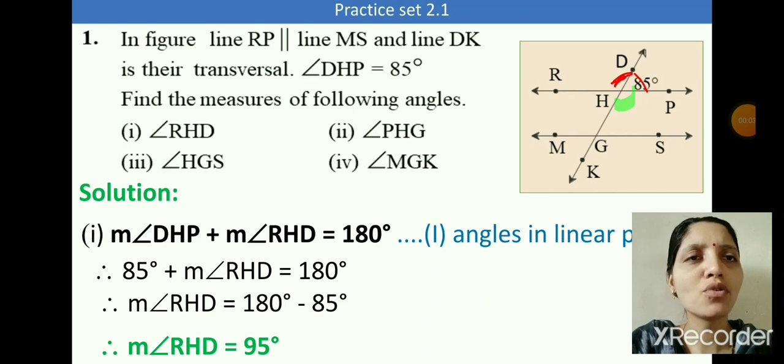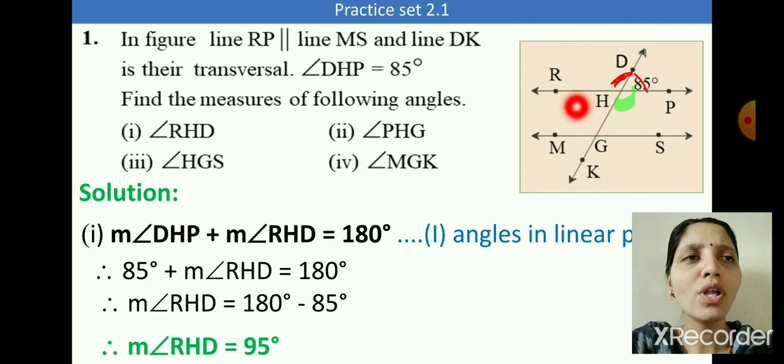Now we have to solve the second one, where we have to find measure of angle PHG. So observe this figure. This angle you have to find out. Is there any relation with the given angles here? Yes. Angle PHG is in linear pair with angle DHP. It is also a vertically opposite angle with RHD.